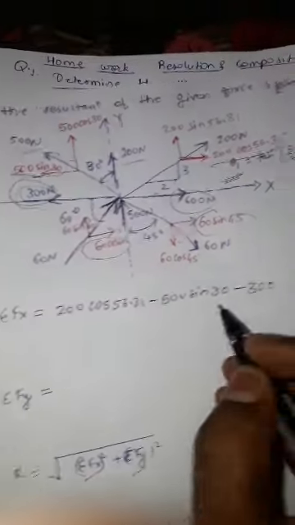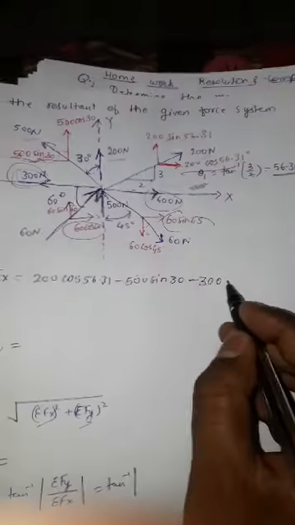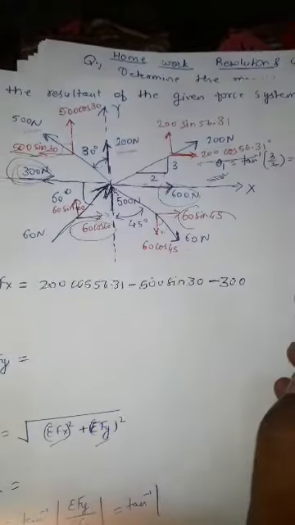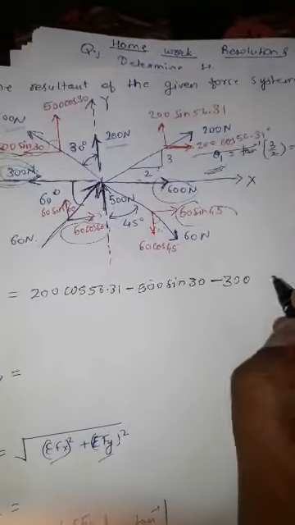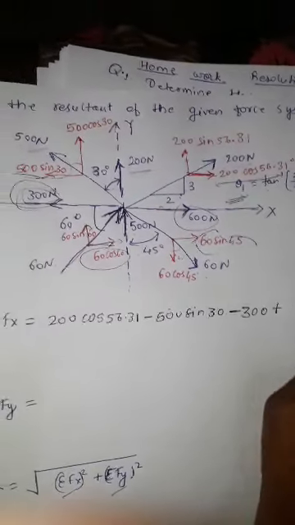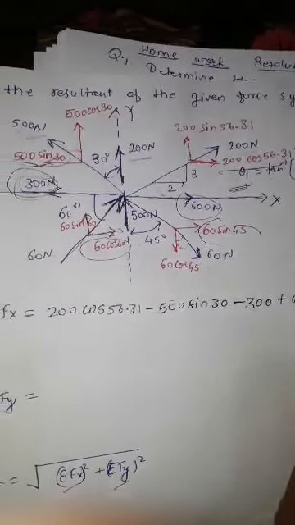Next force I am considering here is going rightward, so it will become 60 cos 60.